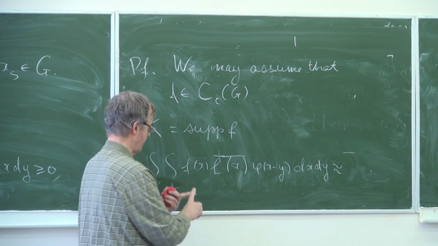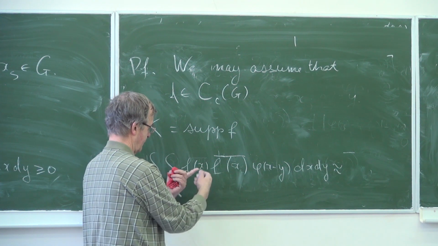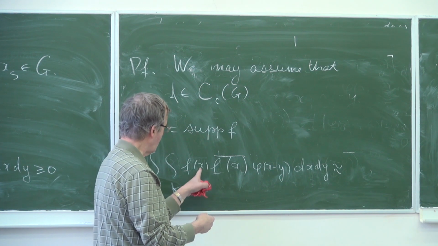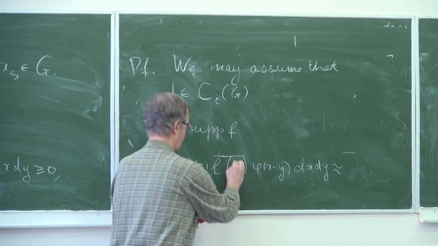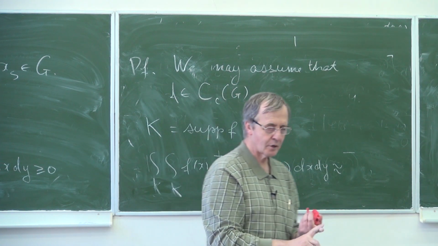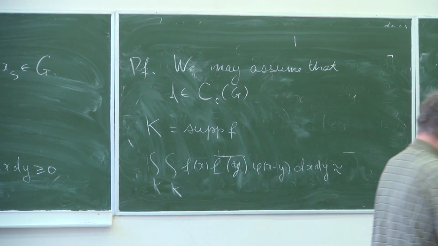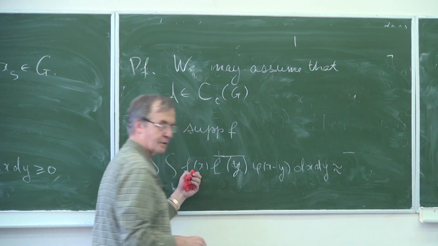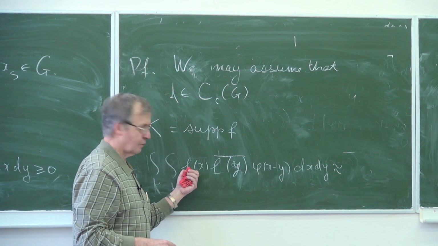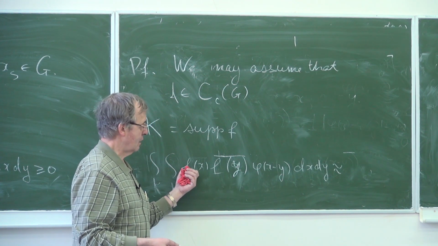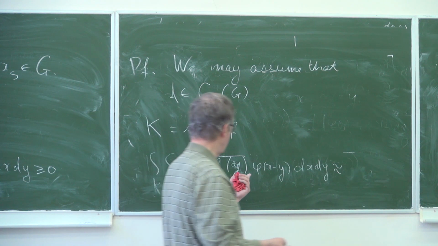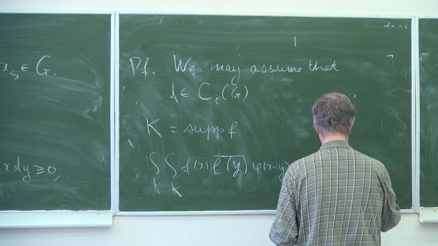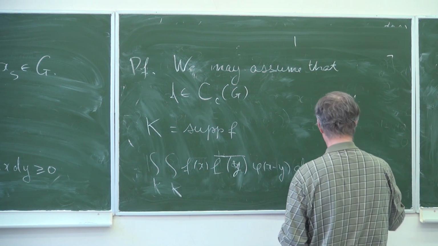K is split into portions where everything doesn't differ from all values of f doesn't differ from some value very much, and so we just replace f with the value at this point. We make a very small error, so it is approximately equal to the sum over j and k.